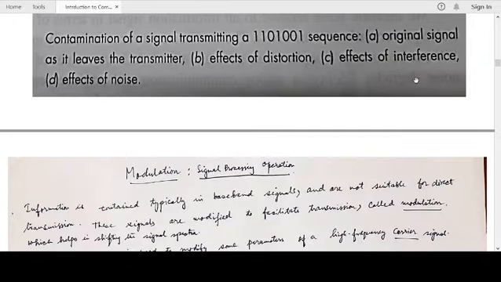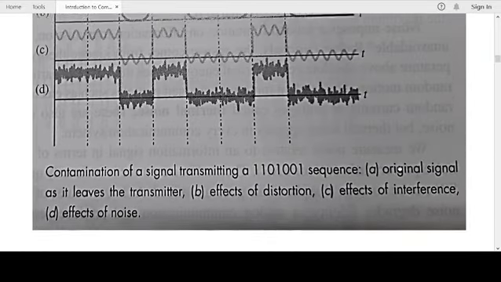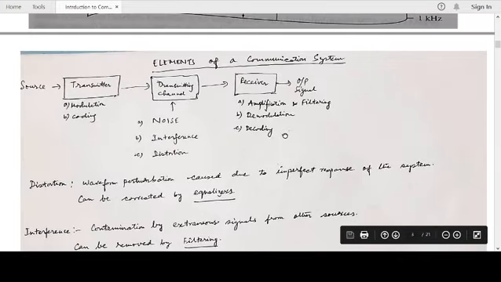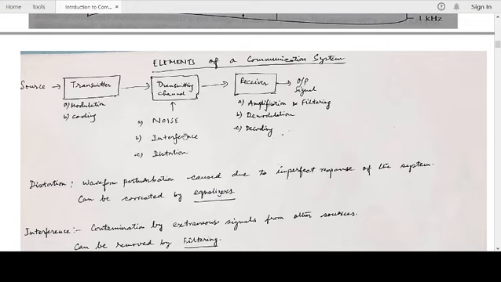Okay, so the transmitter does two very important tasks to handle, for efficient transmission, the unwanted effects of this channel. One is modulation, one is coding. We'll briefly see what they are.